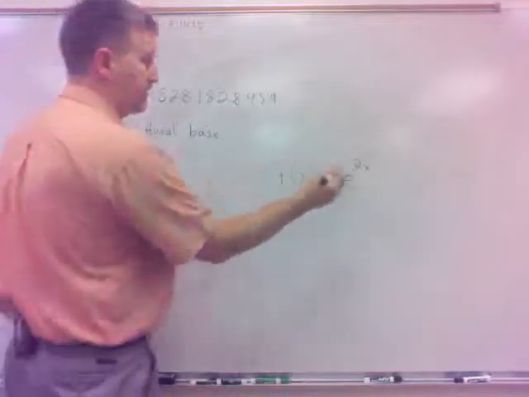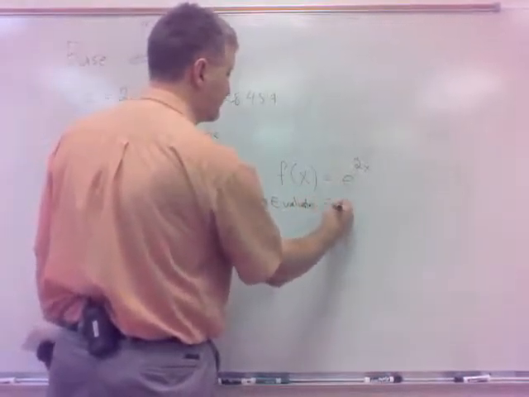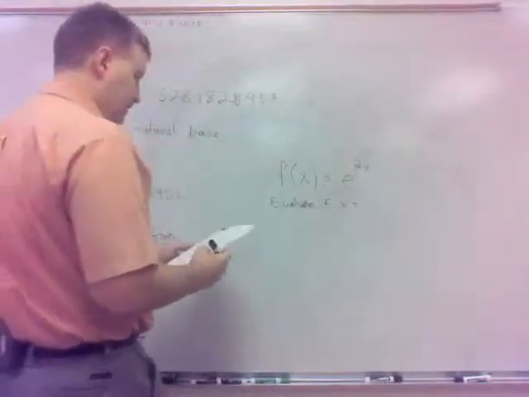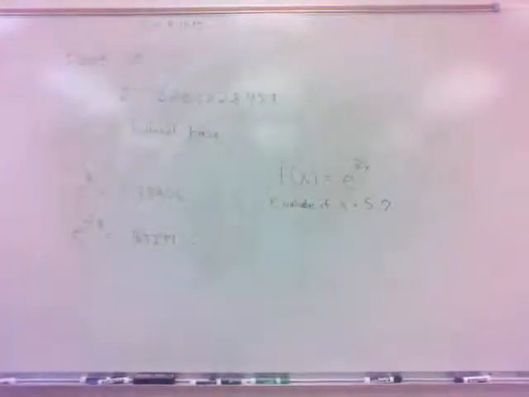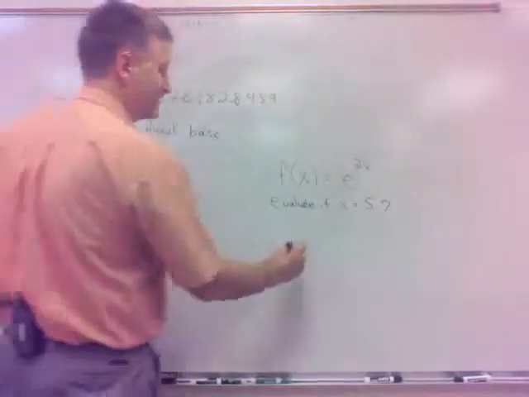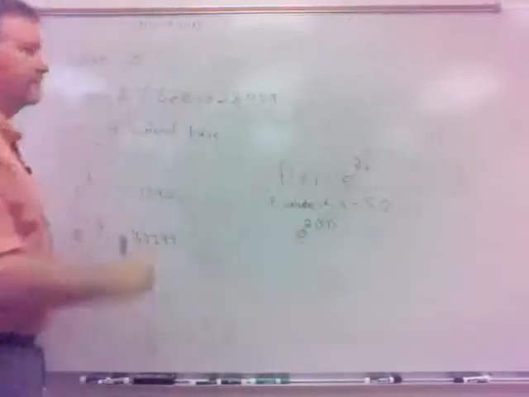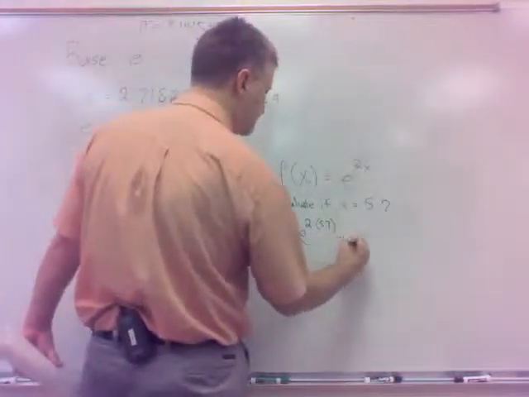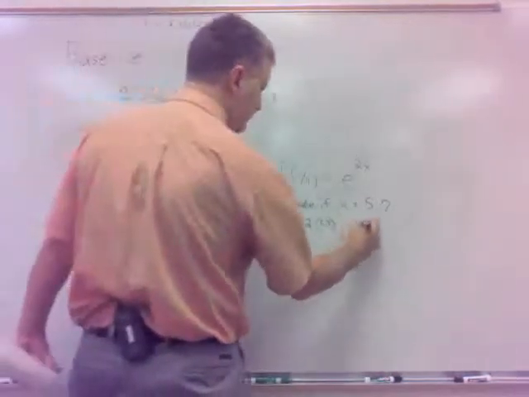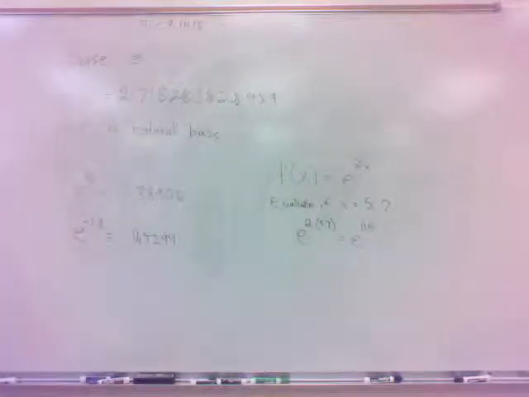So one of the things they'll have you do is evaluate that if x is whatever you want, 5.7. What do we do there? Plug in x to be 5.7. So it'll be e to the 2 times 5.7, right? We haven't done those, but that means 2 times x. So it'll be e to the, what's that, 11.4? 2 times 5.7? Yeah, so you just punch in e to the 11.4.